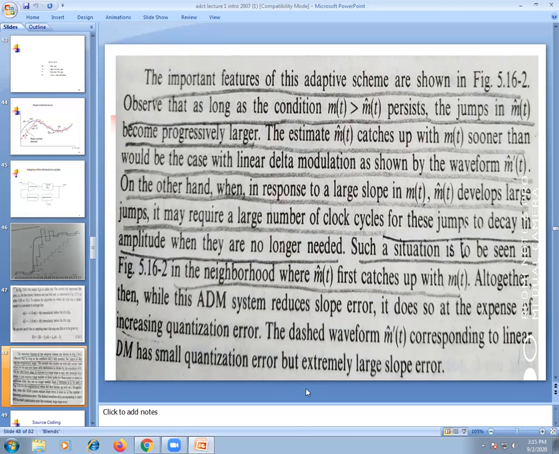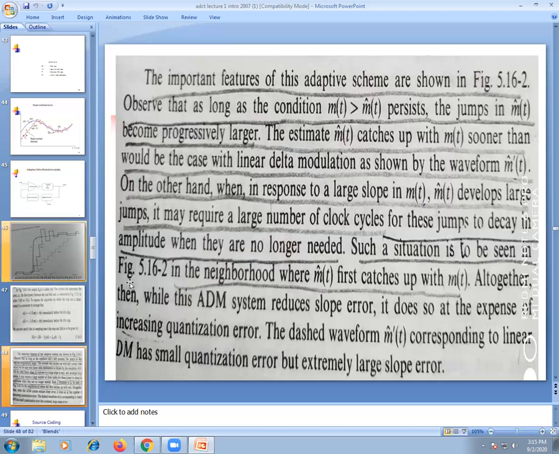So in delta modulation, slope overload error is there but quantization error is minimum. In adaptive delta modulation, slope overload error is minimized and quantization error is more. Okay, so with this we conclude delta modulation and adaptive delta modulation.